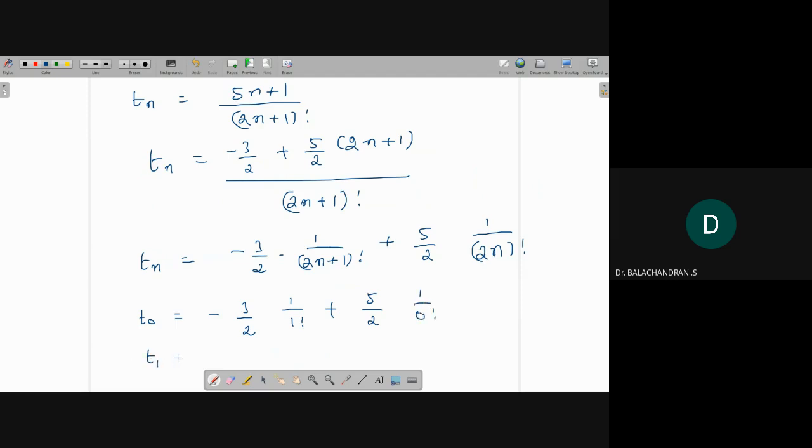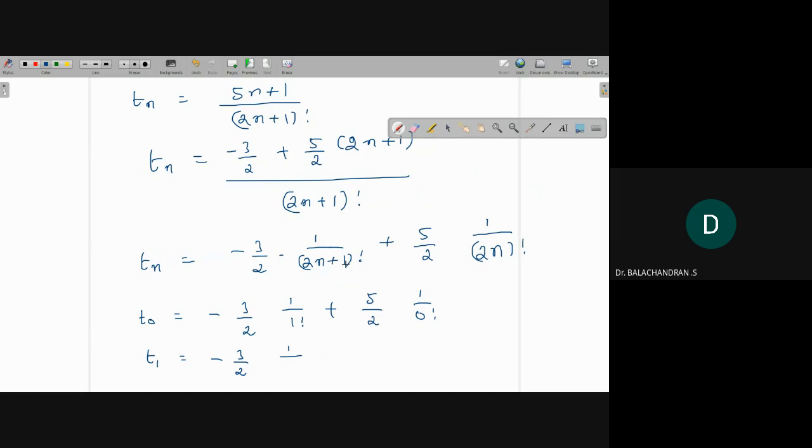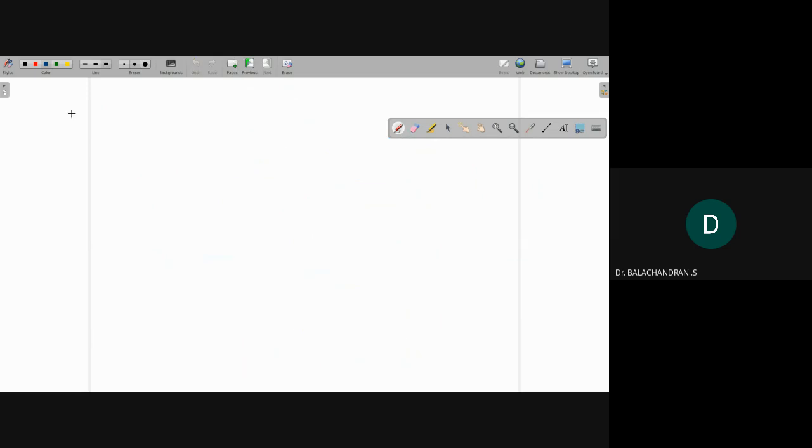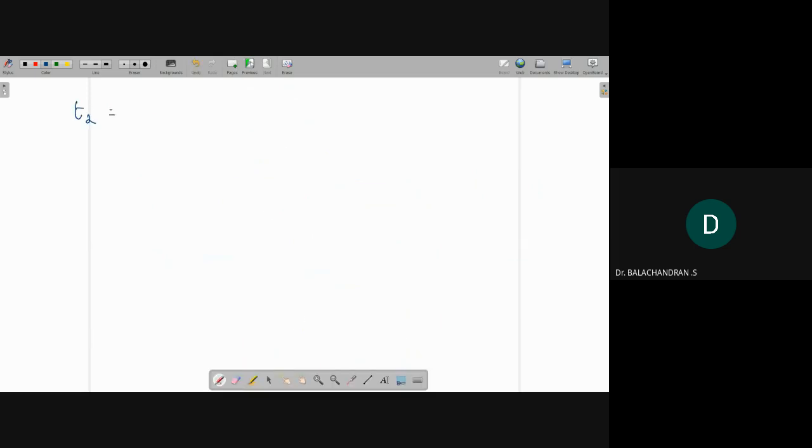T1 is minus 3 by 2 into 1 by 2 plus 1, 3 factorial, plus 5 by 2 into 1 by 2 factorial. Okay, and then substitute n equal to 2. So please tell the expression.